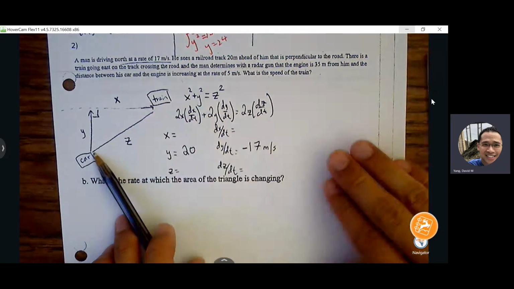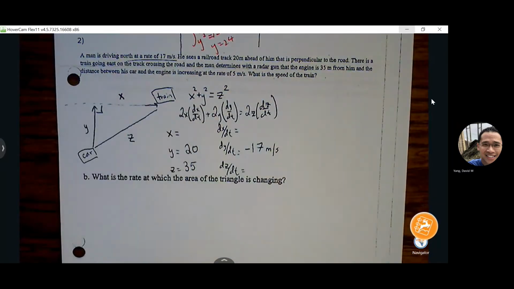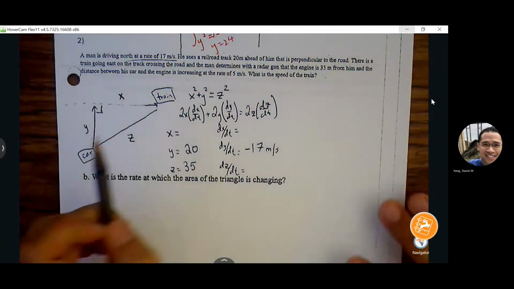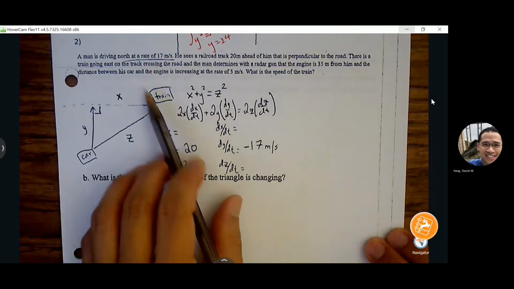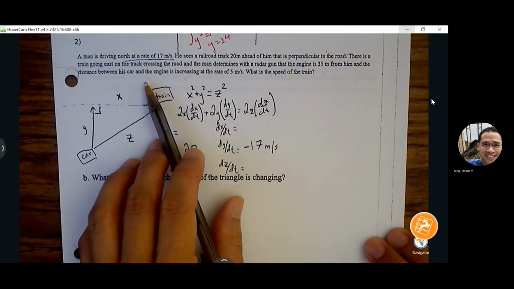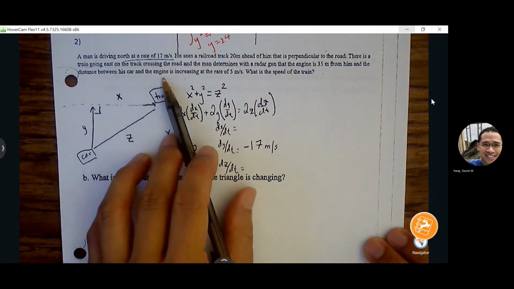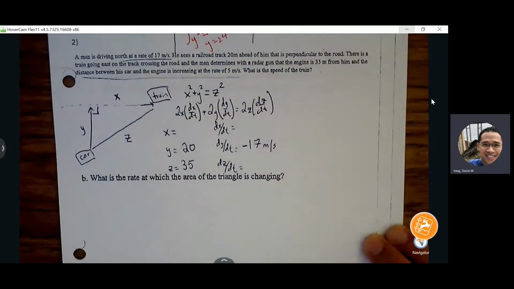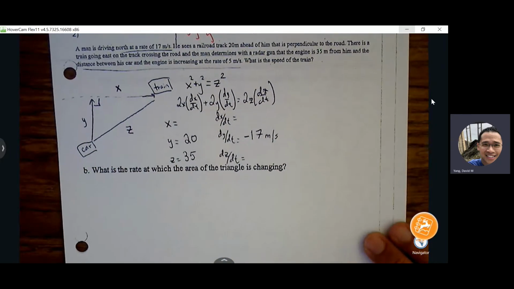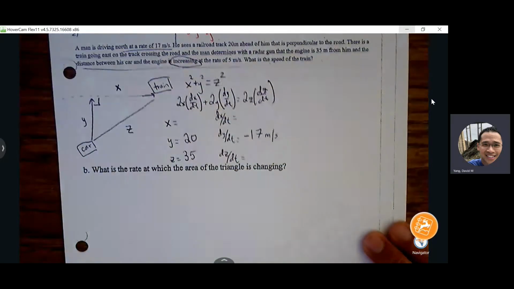Distance between the car and the train. Distance between his car and the engine is increasing at a rate of 5 meters per second. Yeah, dz/dt. Positive or negative? Positive, yeah, because they tell us increasing.